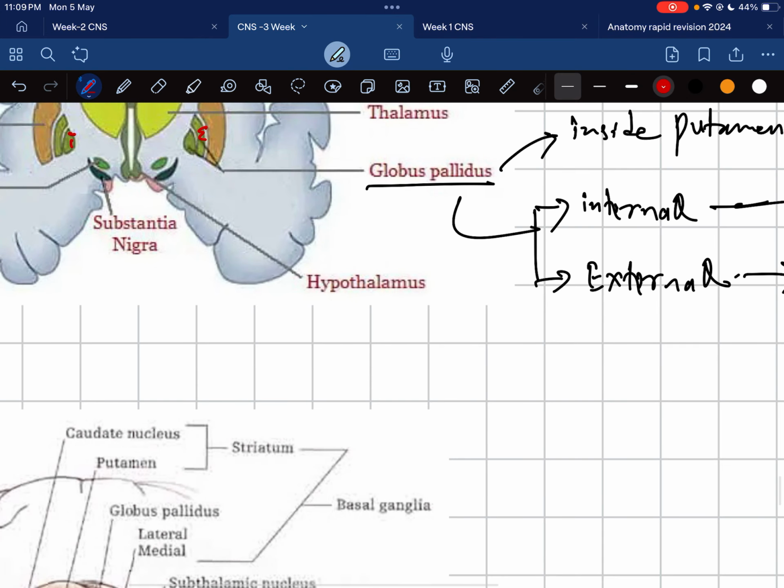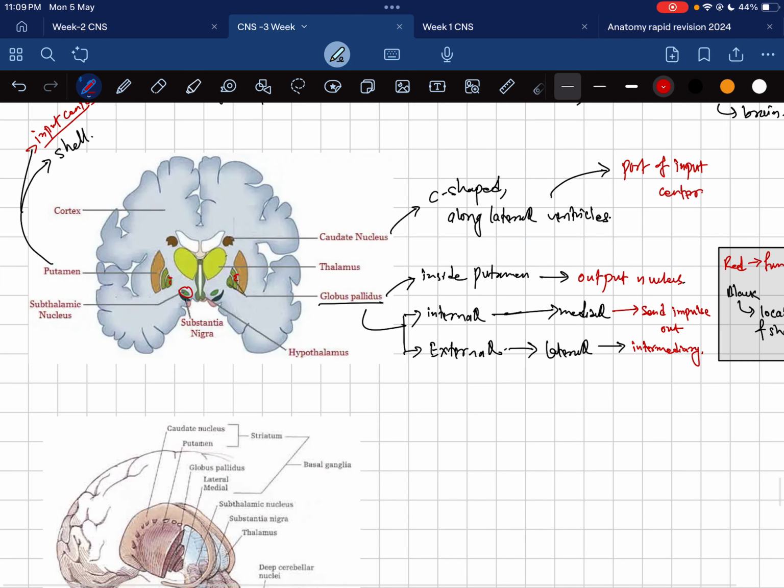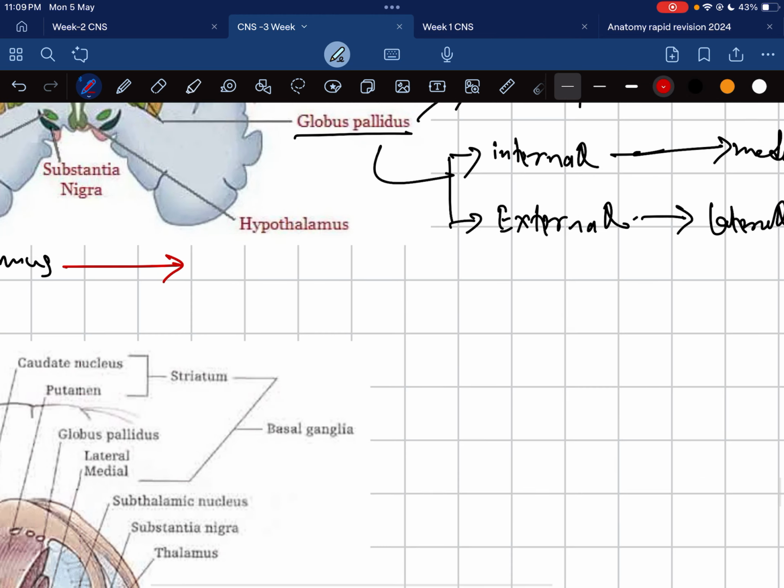Its location is below the thalamus, and its function is to excite the output center.